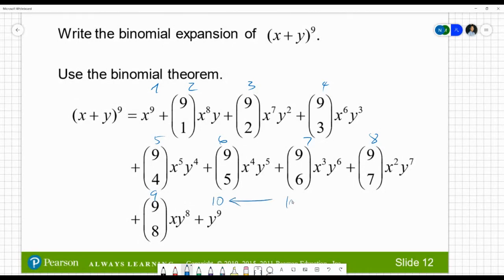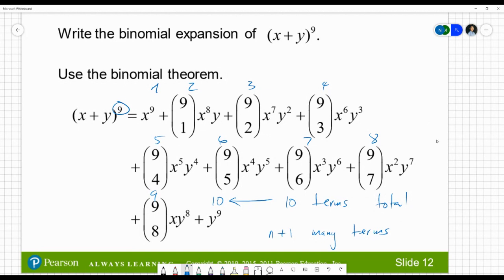So you see here we have 10 terms total. And I told you earlier that you're going to have n plus 1 many terms. So my n value here is 9, so I'm going to have 9 plus 1 terms. So I have 10 total terms, right?